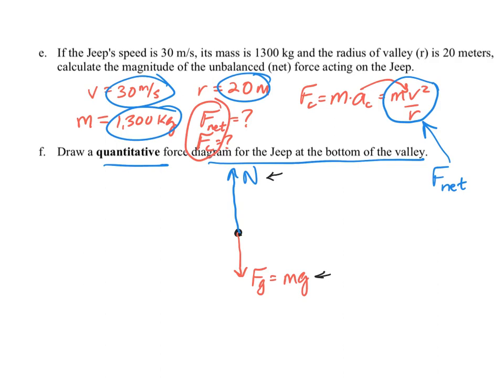One of these is pointed up and one's pointed down, so the net force is the difference between those two. You take the larger force, the normal force pointed up, subtract the smaller force, the gravitational force pointed down, and you get the net force. And now you can figure out what the normal force is based on knowing the net force from the above calculation and knowing the FG from m times g. Okay, I hope this helps.